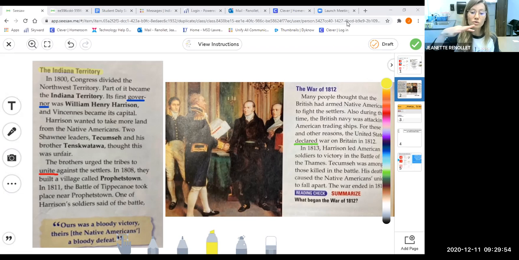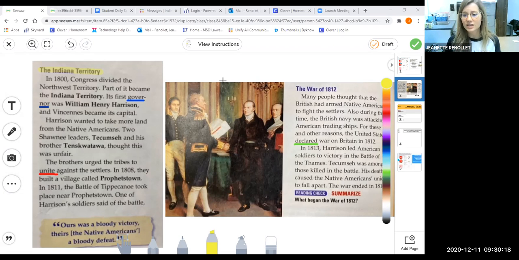When the colonists moved west to settle there, Native Americans already lived there. So there were wars, there were conflicts. And in our text today, we learned about a new war that was happening, right? So sometimes Native Americans won, sometimes the colonists won.